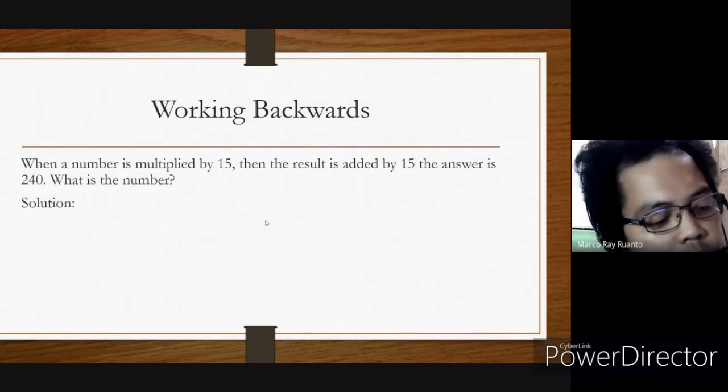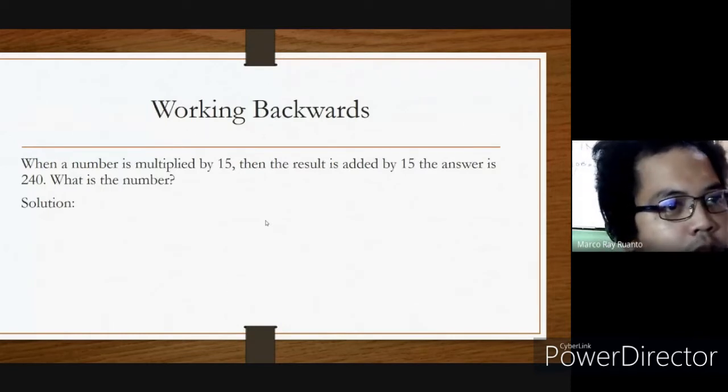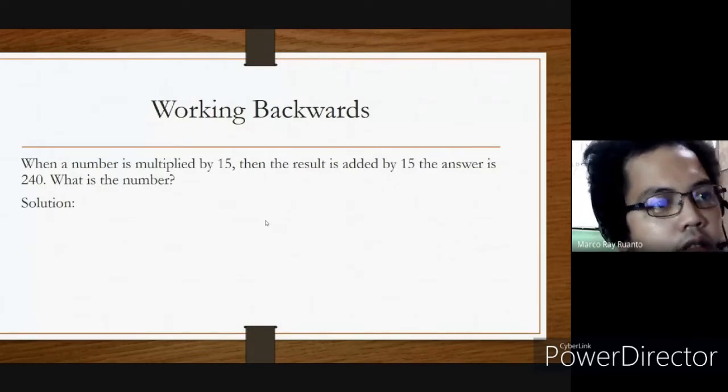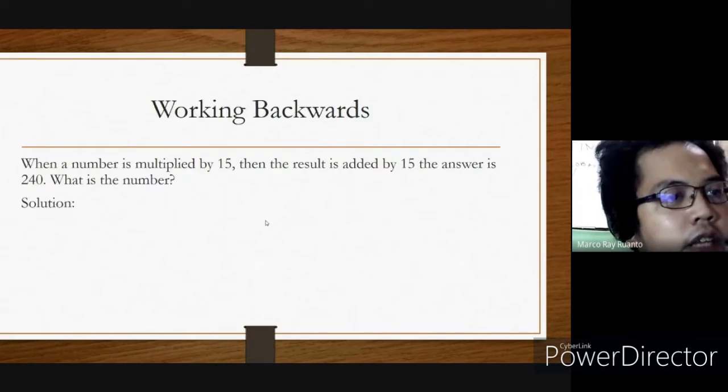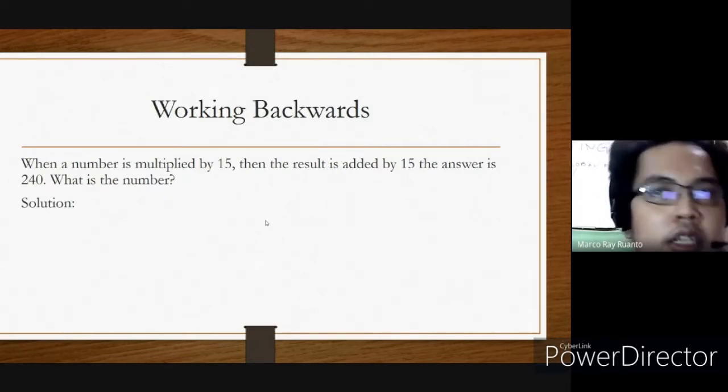So instead of doing it from the starting point to the end point, what you usually do is try to connect the path of the maze. We start from the finish line. Then we try to find a way from the finish line where it is connected to the starting point.